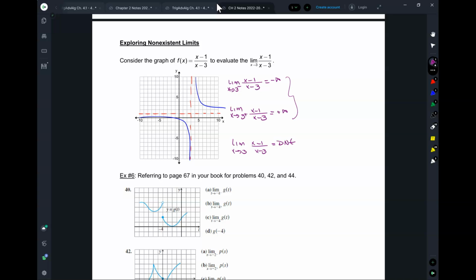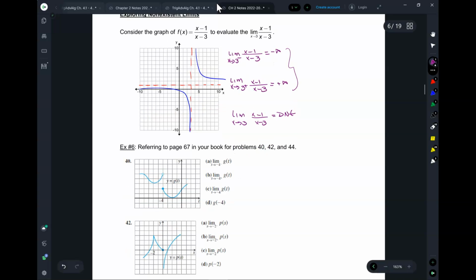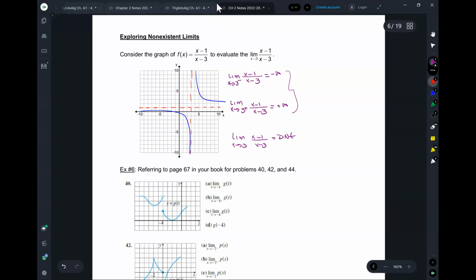Now, notation: you can never say the limit as x approaches negative 3 is equal to something like negative infinity. This doesn't work. You always need a function or something inside of there.